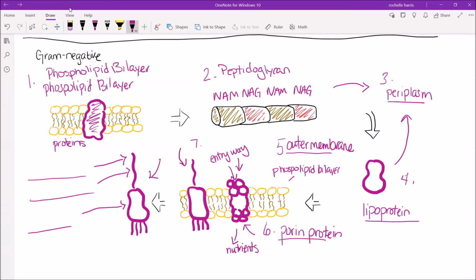Our next structure here is called, let's see, where should I put it? I put it on the bottom. It is called a lipopolysaccharide. And here is the structure. So this top part here is our O polysaccharide.